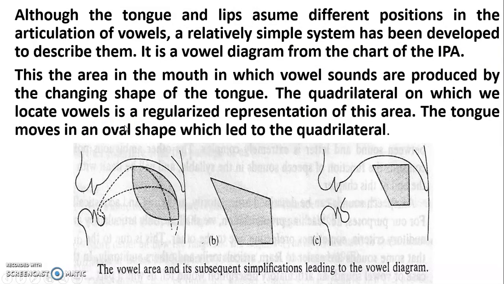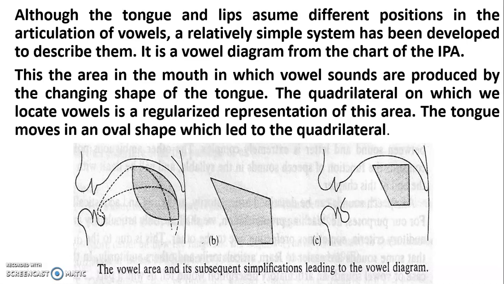Now, although the tongue and lips assume different positions in the articulation of vowels, a relatively simple system has been developed to describe vowels, and it's a vowel diagram from the chart of the International Phonetic Alphabet. This diagram stands for the area in the mouth in which vowel sounds are produced by the changing shape of the tongue.